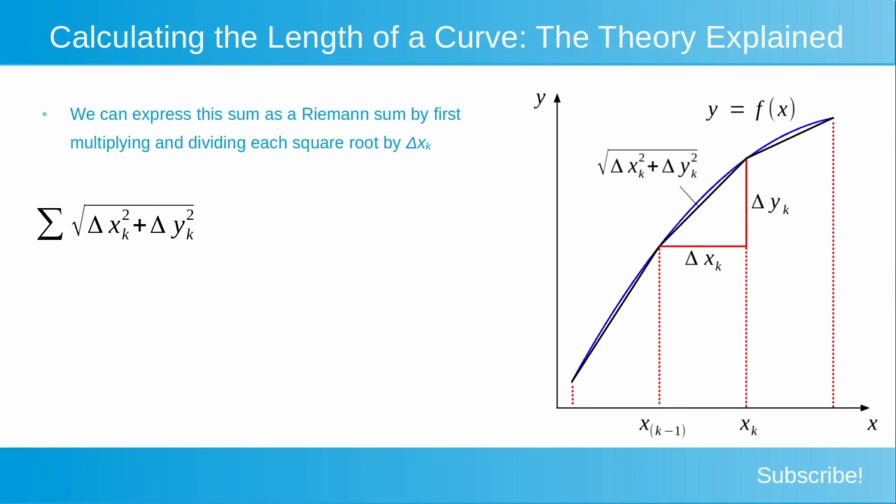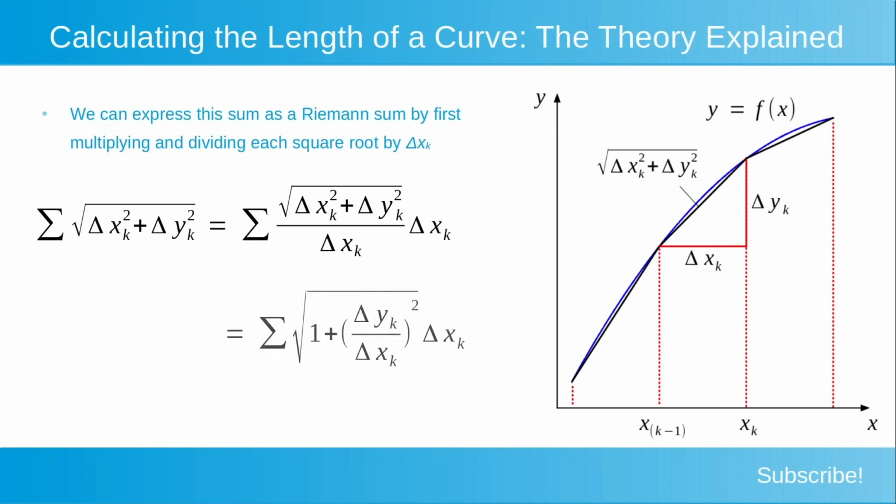We can express this sum as a Riemann sum by first multiplying and dividing each square root by delta x_k. When we divide the square root by delta x_k, we get the sum of the square root of 1 plus open bracket delta y_k divided by delta x_k close bracket squared, multiplied by delta x_k.